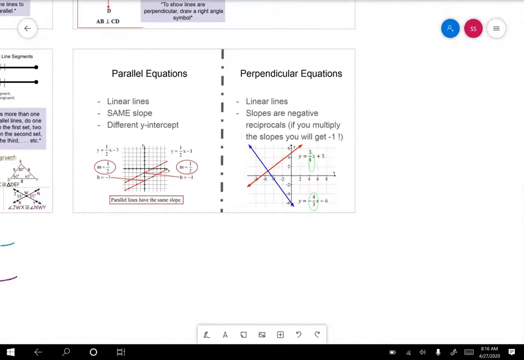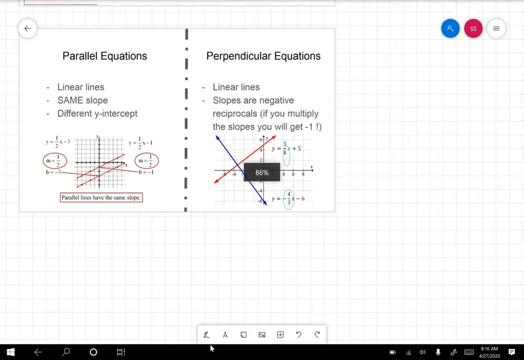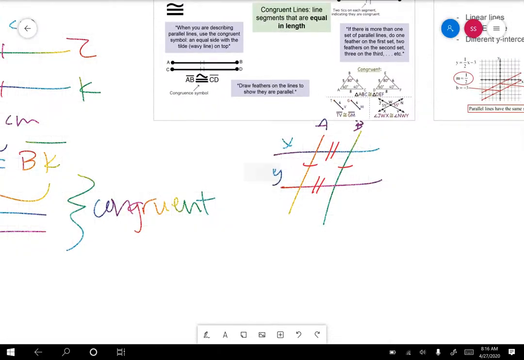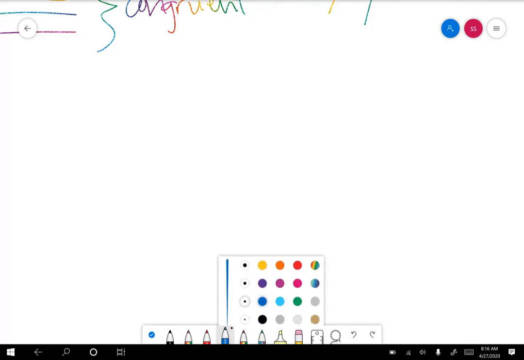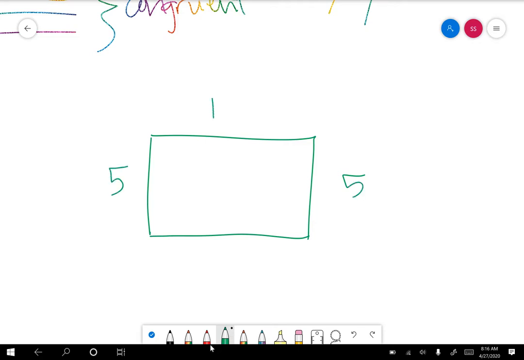Okay, now that we have the symbols down, actually let's go over one more example really quick. Let's say that we're going to use green. Let's say I have this lovely shape here. Now, we know that this is a rectangle, okay? Rectangles have 4 right angles.